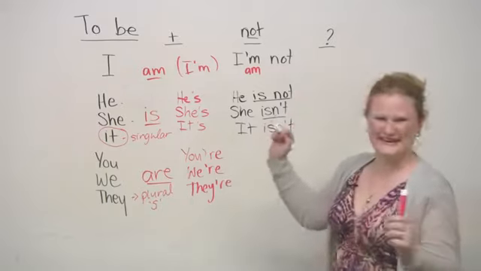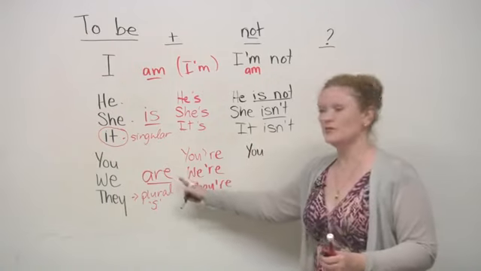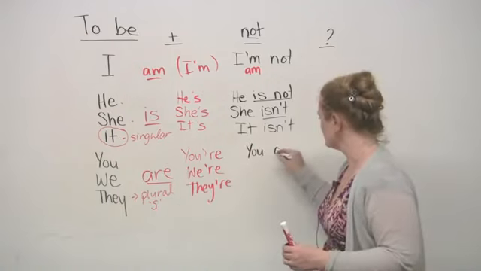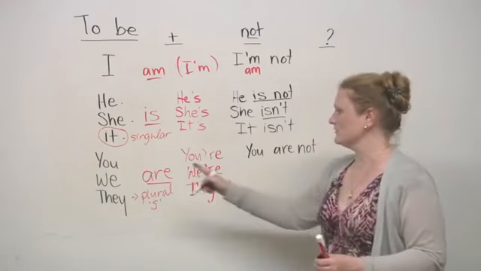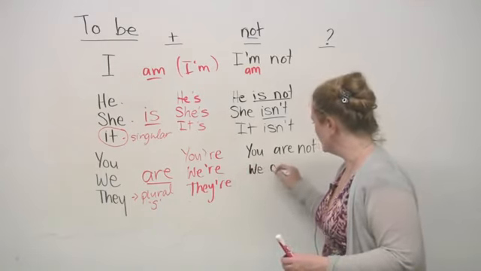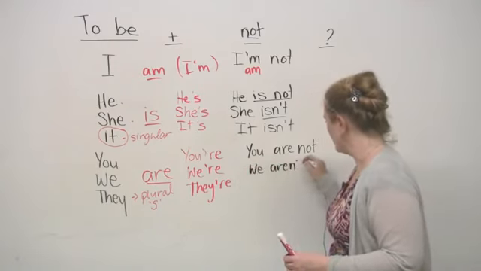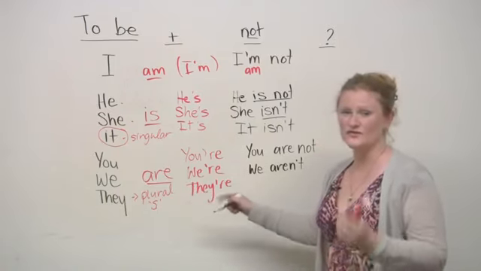And the last three are, you are not, or we can say we are not, or we aren't. I can say they are not, or they aren't.